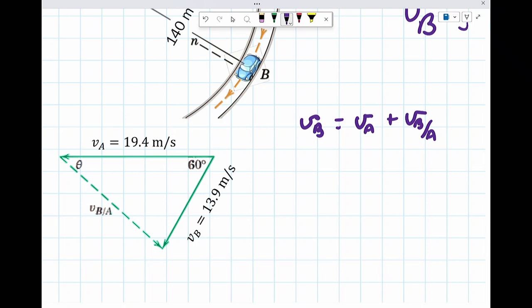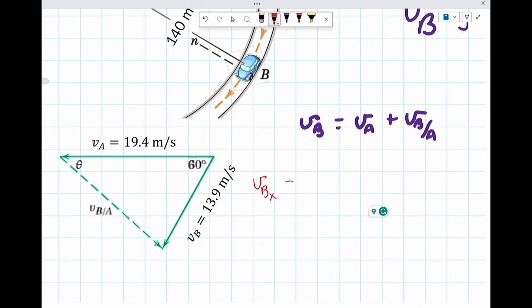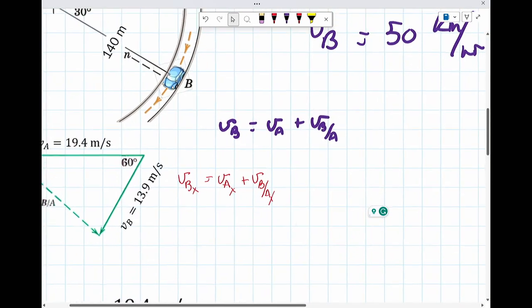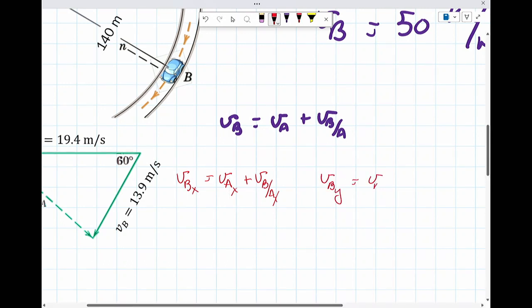So velocity of A plus velocity of B with respect to A will give you velocity of B. So velocity of Bx equals velocity of Ax, and velocity of By equals velocity of Ay plus velocity of B with respect to Ay.